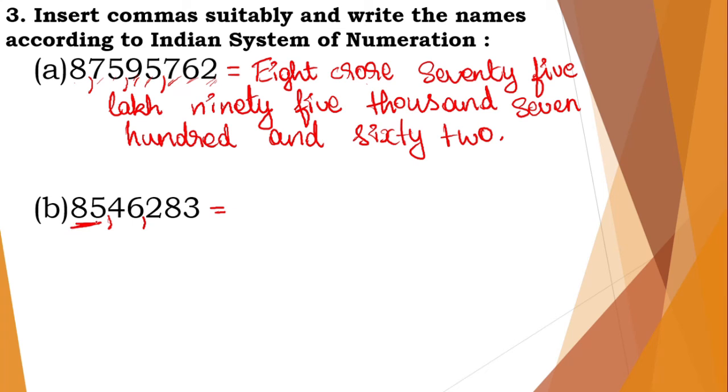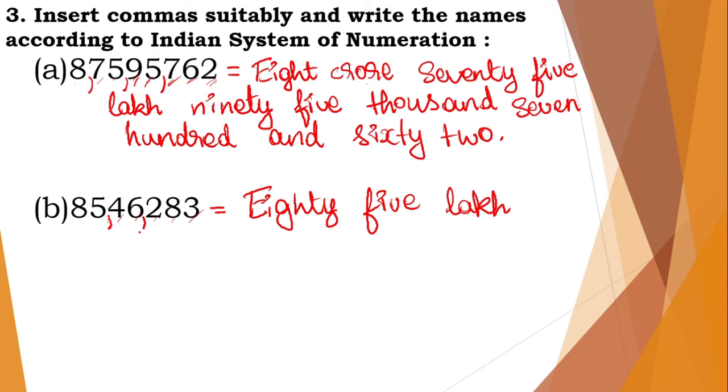So first number here we have is 85. So 85. And after 85 we have 1, 2, 3, 4, 5. So we have 5 digits. And 5 zeros we have in lakh. So 85 lakh.